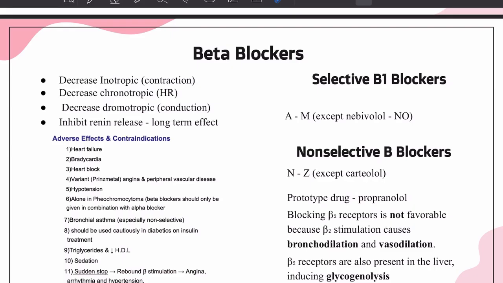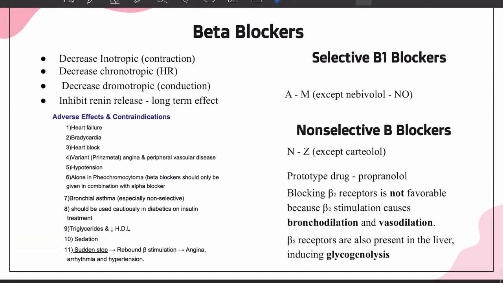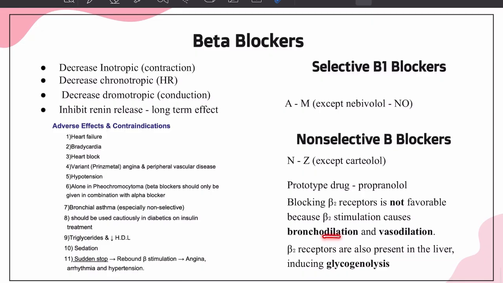Why is it not favorable to block beta 2 receptor? Because beta 2 is found on the lungs and in the liver. Once I've blocked beta 2 receptors, I will no longer have the bronchodilation and vasodilation effect that beta 2 receptor offers. So I'm going to have bronchoconstriction. This is why beta blockers, specifically the non-selective ones, are contraindicated in asthma because of the bronchoconstriction effects that they cause.